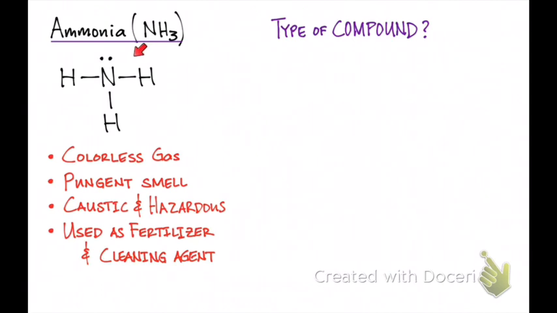So you have all nonmetals here, right? So if you have all nonmetals, then it must be a covalent compound or a molecular compound. What would be the type of chemical bonding utilized here? Well, because we have a covalent compound or a molecular compound, it has to utilize covalent bonding.